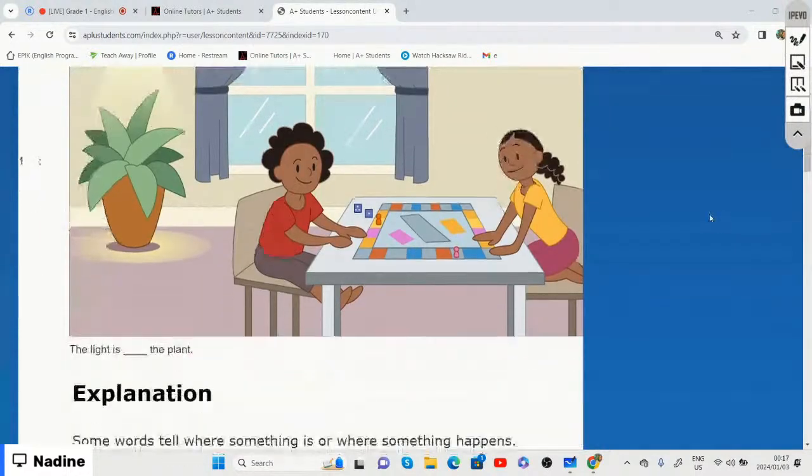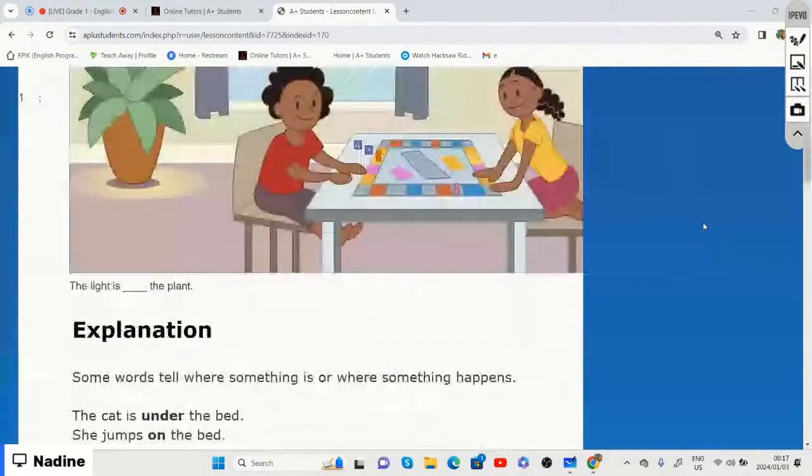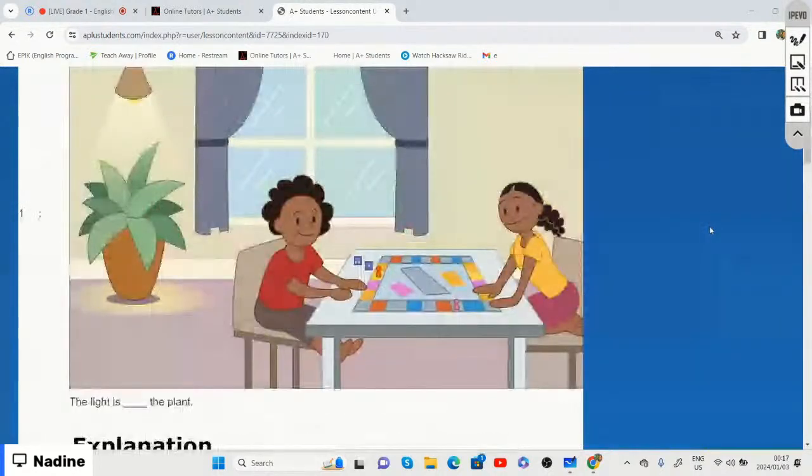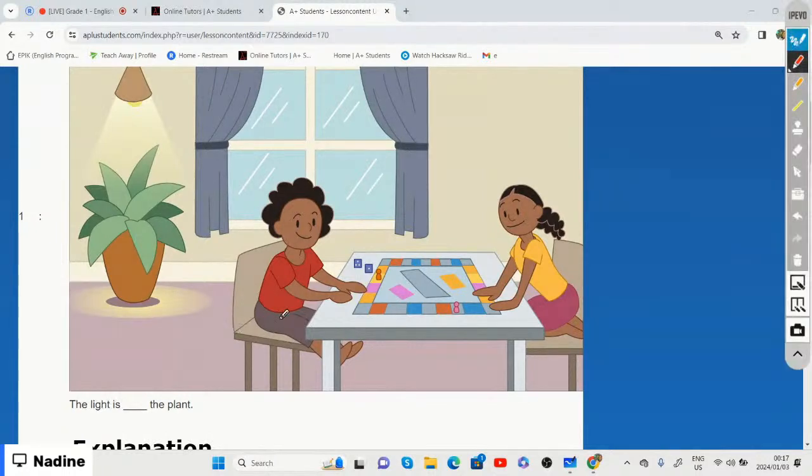Then we can basically say the light is above the plant, right? It's like shining on top of the plant. But remember, we can't say it's on top of the plant because it's not on the leaves. So we can then basically just say it is above the plant. So our answer is above, or the preposition is above.